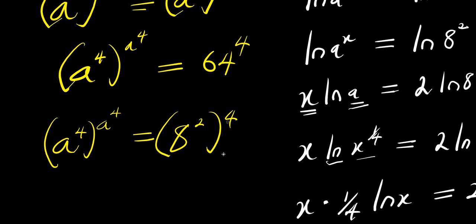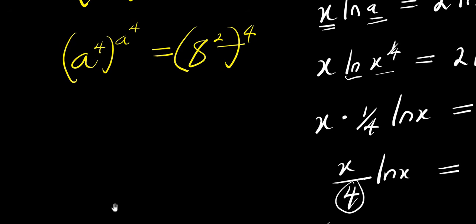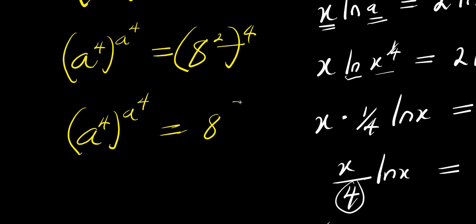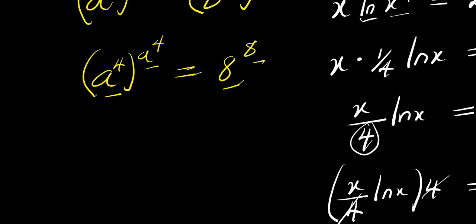This is to the power of 4. So you can multiply this exponent out. I have a power 4 raised to the power of a power 4 equals 8 power 2 times 4, that is 8 power 8. We can equate them. That means I have a power 4 equals 8.